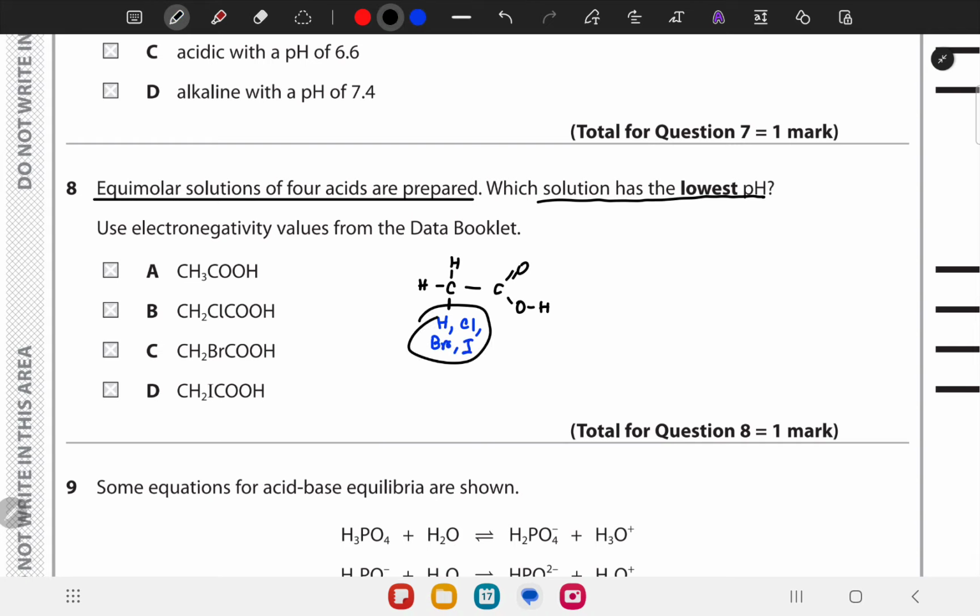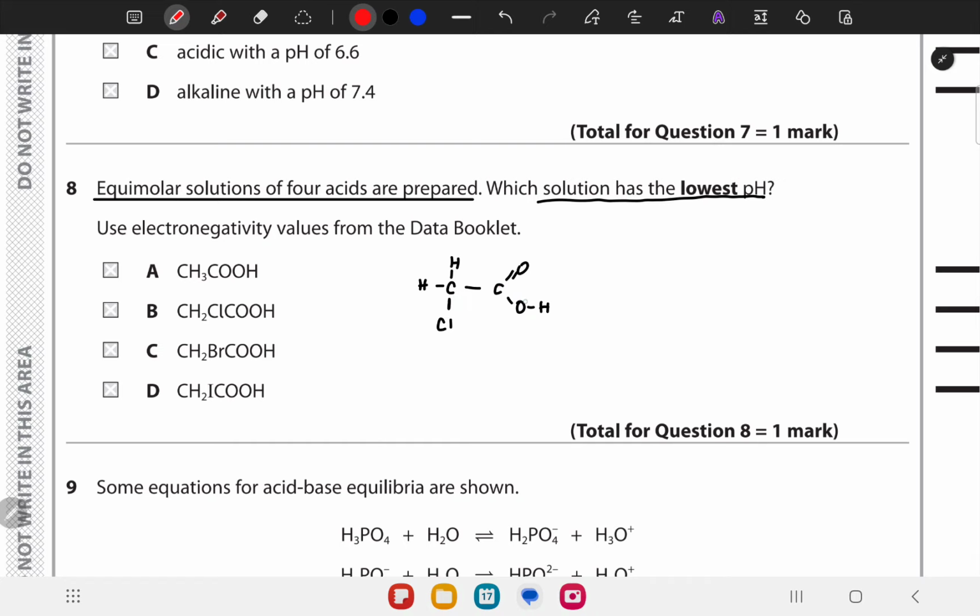Between these four, chlorine is the most electronegative, so the electropositivity of this hydrogen will be the greatest if chlorine is over here. Chlorine wants electrons, so it will pull the electron density towards itself.